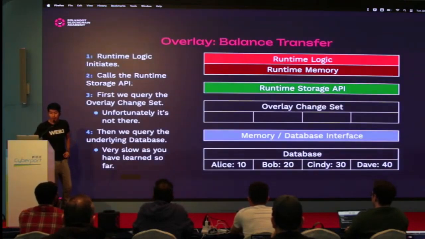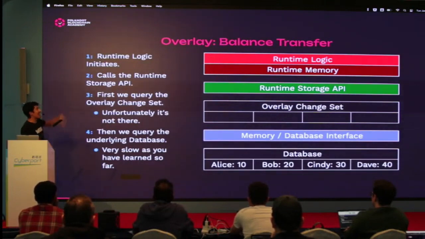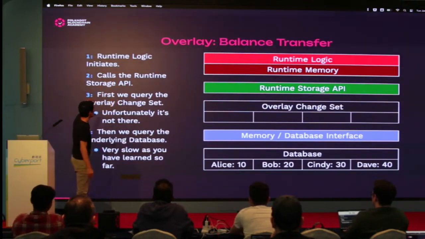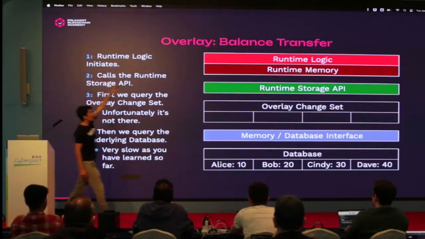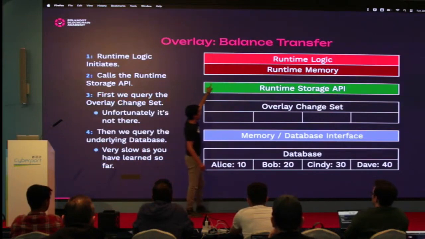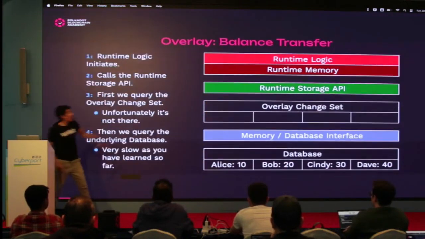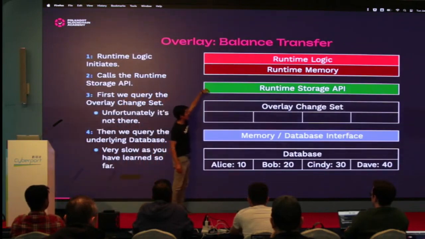Let's take the idea of a balance transfer and walk through the steps. First, the runtime logic at the very top initiates: we want to do a balance transfer between some users. This will call the runtime storage API.